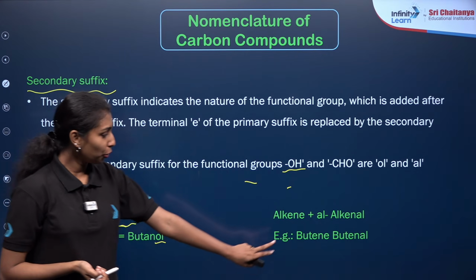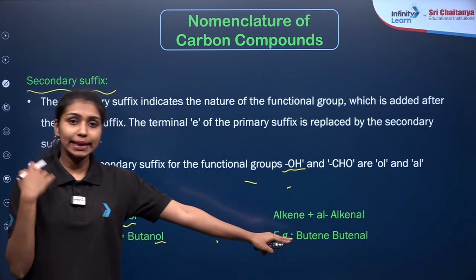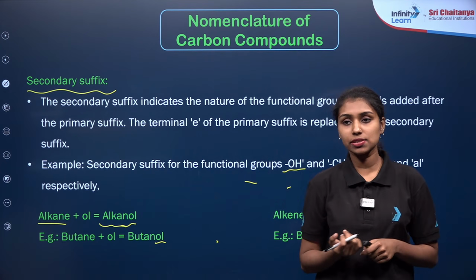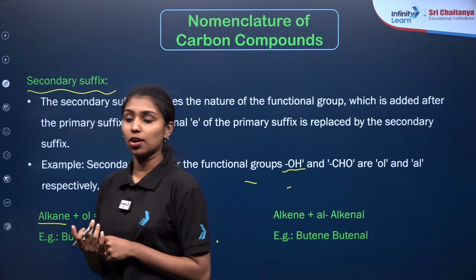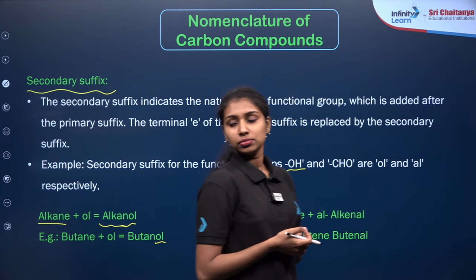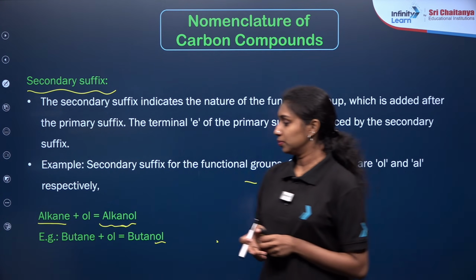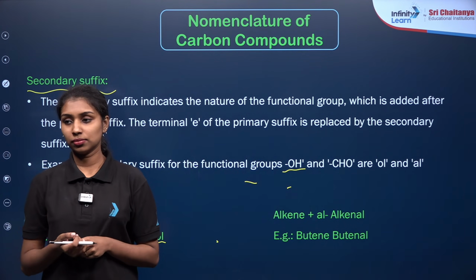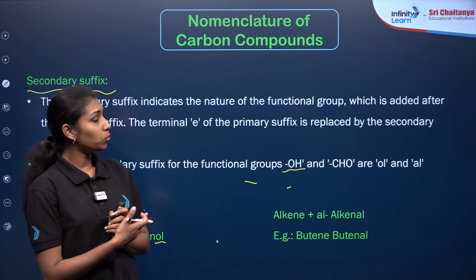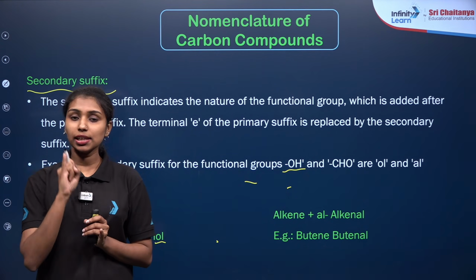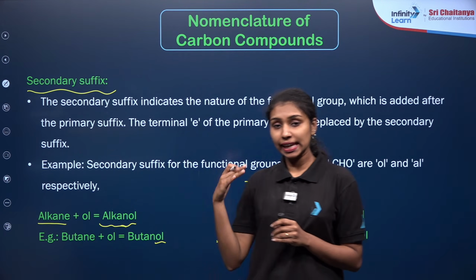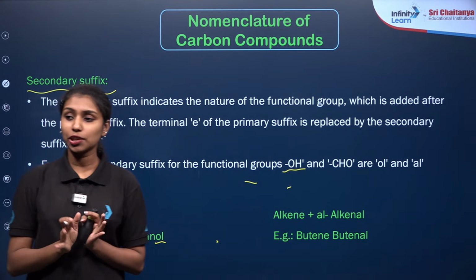Then I have a question for you. If the name of this compound is already given, how do you write down the structure of this compound? This is another question you can expect from the IUPAC nomenclature part of carbon and its compounds. First, you need to identify the IUPAC name of a compound from its structure. Second, you need to identify the structure from the IUPAC name.